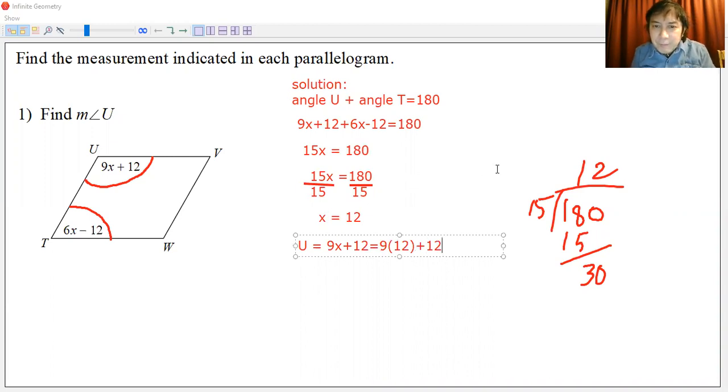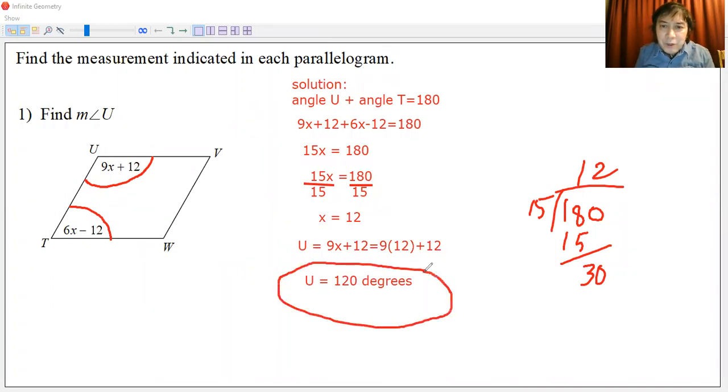So this will be 9 times 12 plus 1 times 12. That means 10 times 12. This must be 120. So our angle U must be equal to 120 degrees. Okay, so our answer is 120 degrees. All right, let's check and verify.